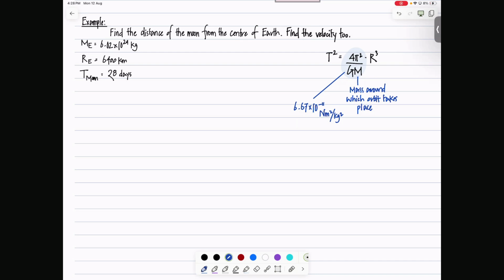All the units for time always have to be in SI base, so seconds.